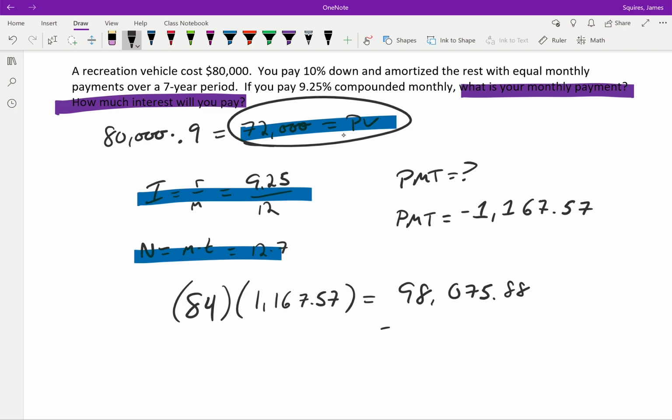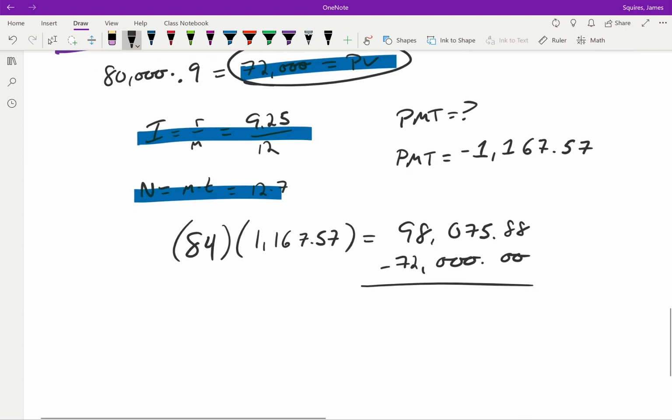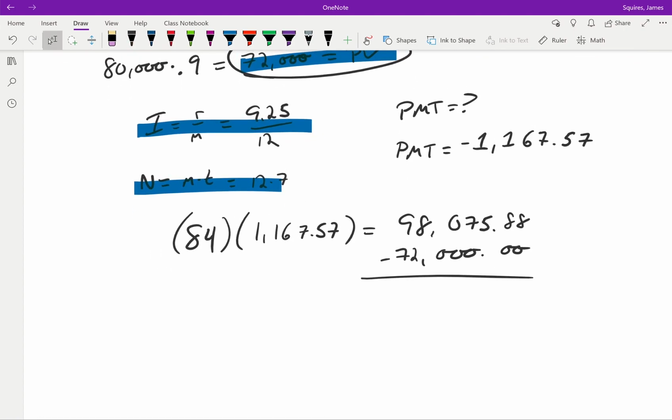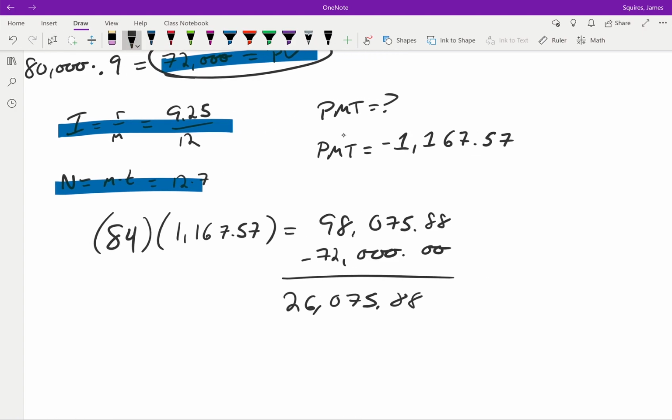Now note, our loan was originally for an even 72 grand. If we subtract our original loan from how much we paid, then we know how much we would have paid just in interest. So we would have paid just in interest $26,075.88, and this is how much we paid in interest.